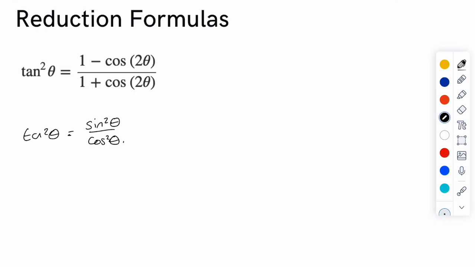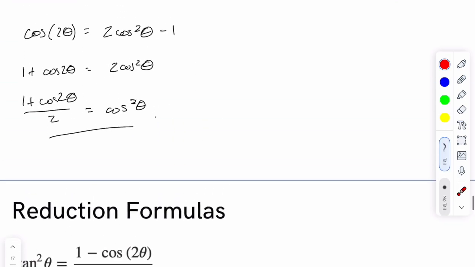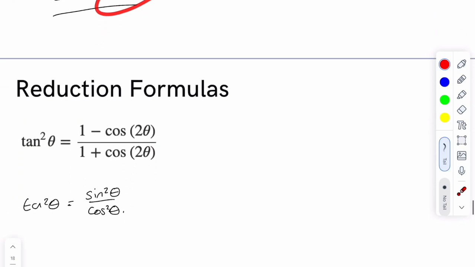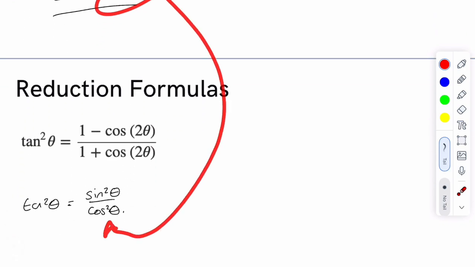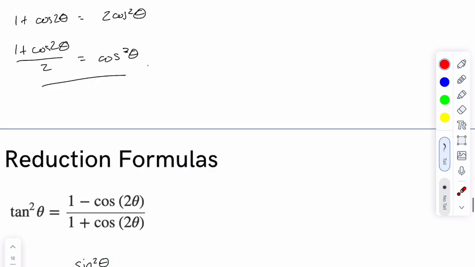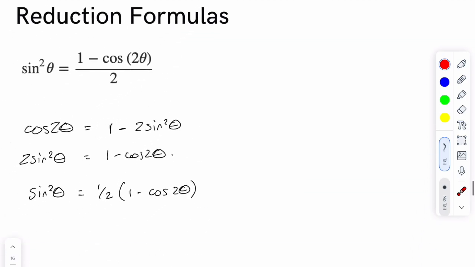If we go up, we can plug in, because we've got formulas for both. We've got cos squared theta, which can be plugged in here, and sine squared theta, which can be plugged in over here.